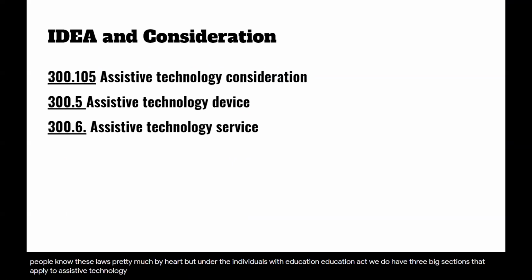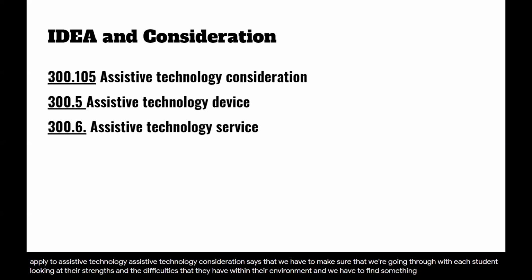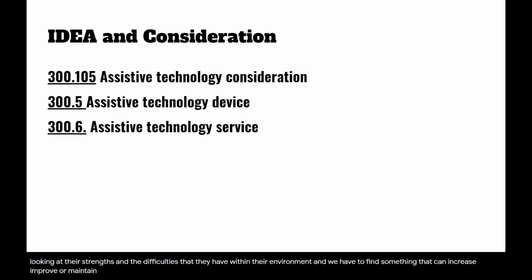Assistive technology consideration says that we have to make sure that we're going through with each student, looking at their strengths and the difficulties that they have within their environment, and we have to find something that can increase, improve, or maintain their access to the curriculum and their environment.